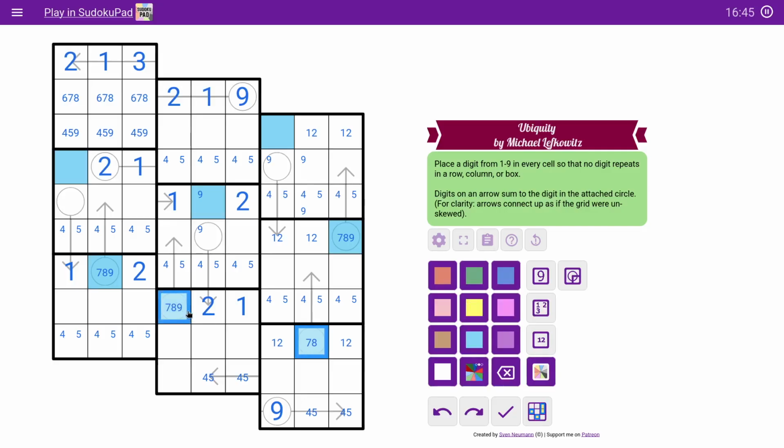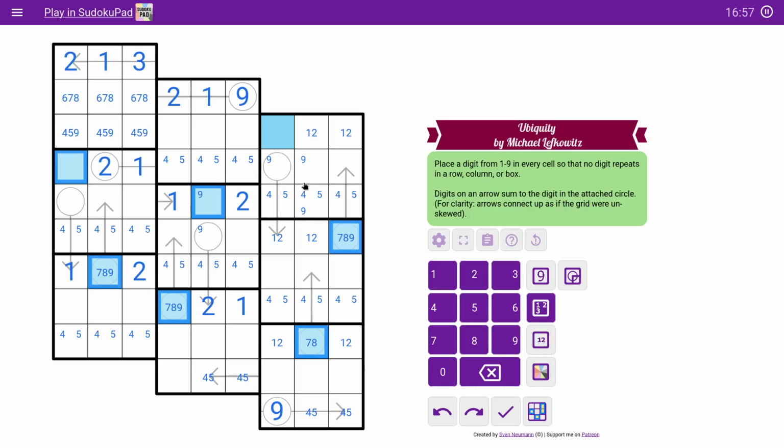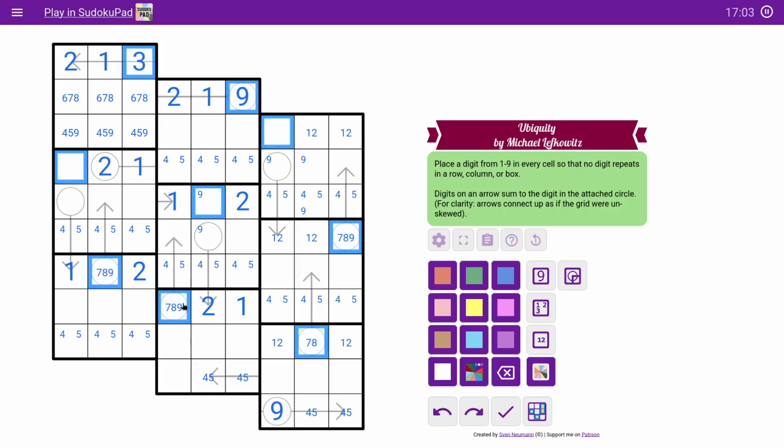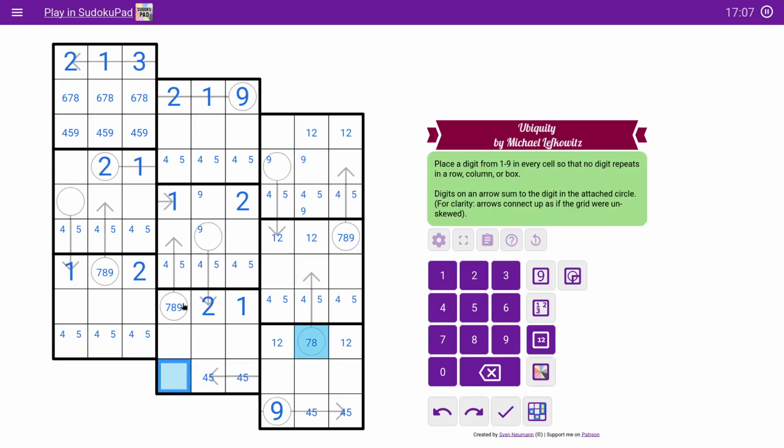If these two are the same, hypothetically, and we know they're not 1 or 2, therefore they're here, here, here, here, here, here, here. That's quite impossible. Therefore, this cell equals this cell.